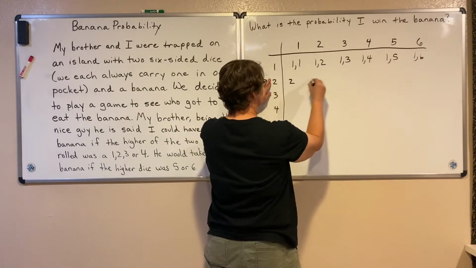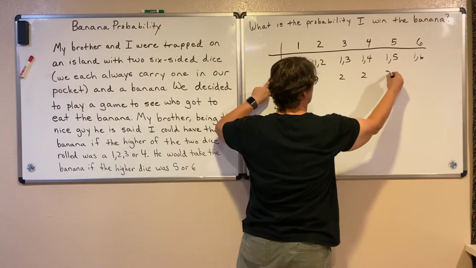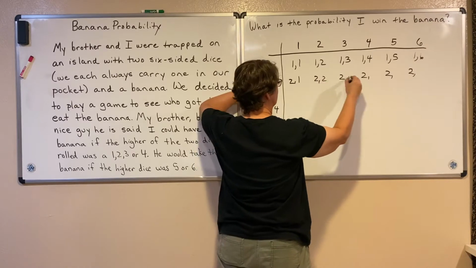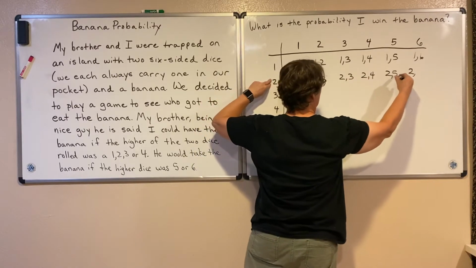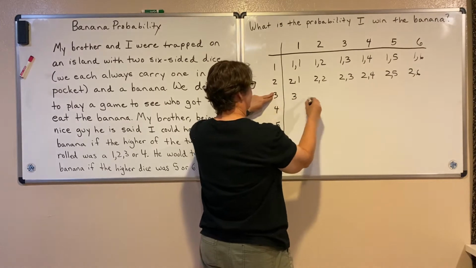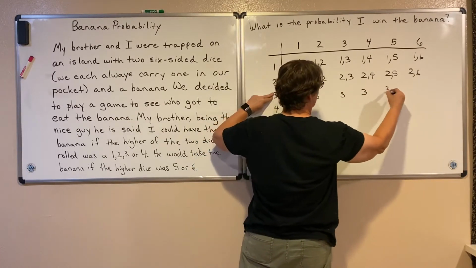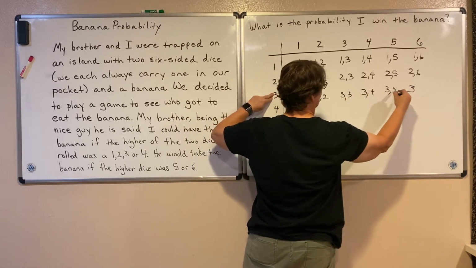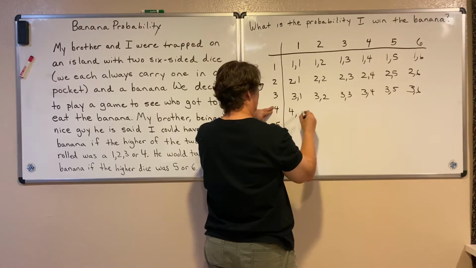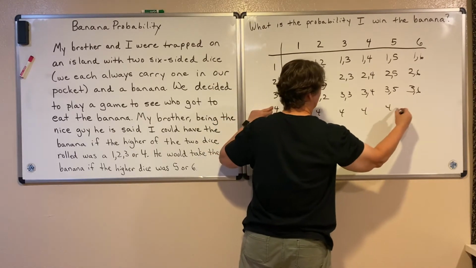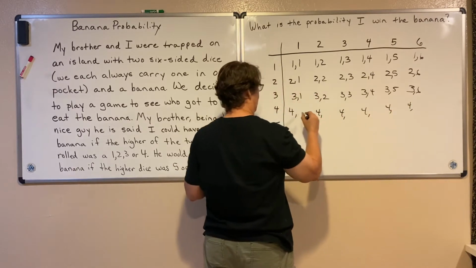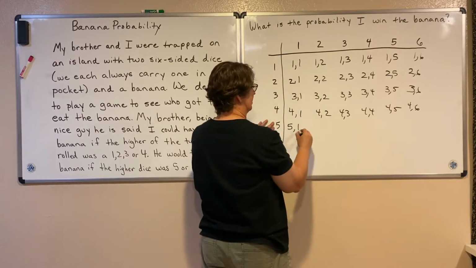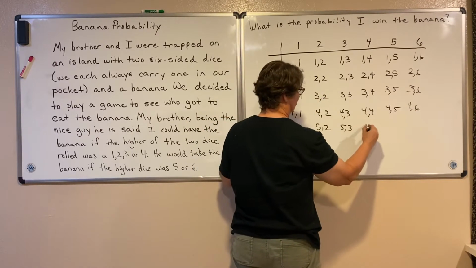Or maybe I roll a 2. Well, if I roll a 2, then my brother could roll a 1, a 2, a 3, a 4, a 5, or a 6. I could roll a 3, and my brother has those same possibilities of 1 through 6. If I roll a 4, or a 5, again my brother has those possibilities of 1 through 6.